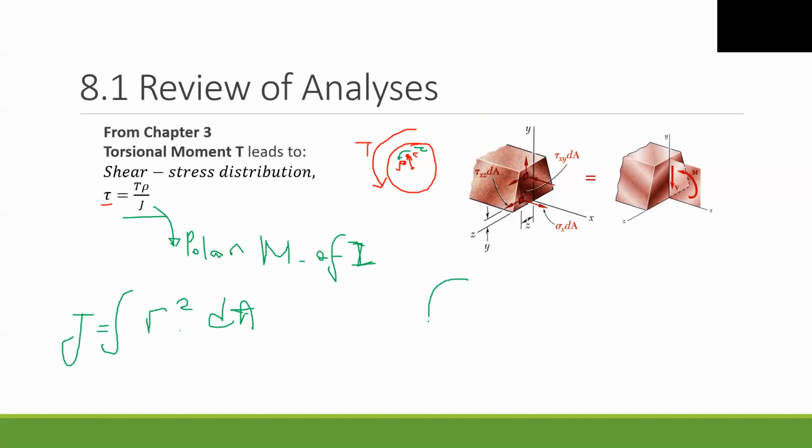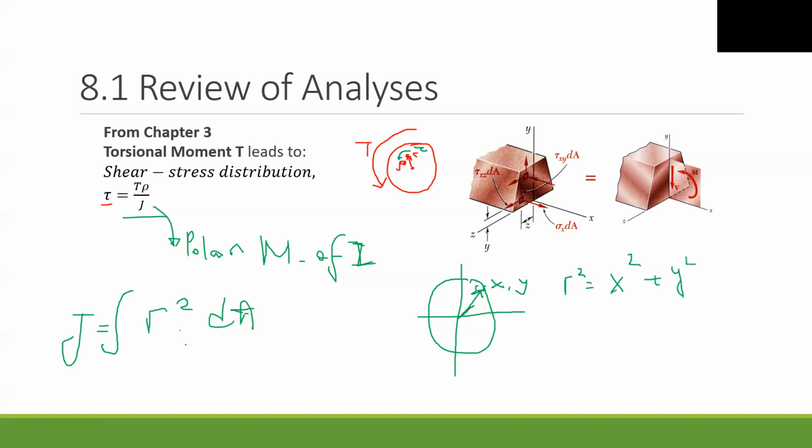Remember from the polar coordinate system. For example, if we have coordinates x and y, and this is the radius, then r squared is equal to x squared plus y squared.